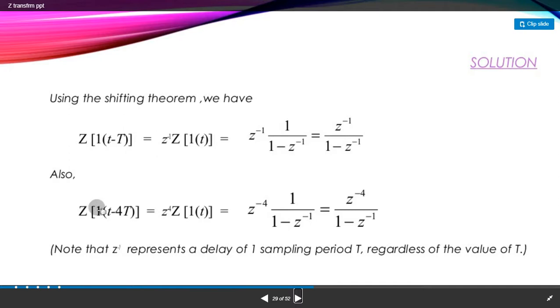Also, the z transform of 1(t − 4T) is equal to z to the power minus 4 times the z transform of 1(t), which can be written as z to the power minus 4 into 1 by 1 minus z to the power minus 1, equal to z to the power minus 4 by 1 minus z to the power minus 1. That z to the power minus 1 represents a delay of one sampling period T, regardless of the value of T.